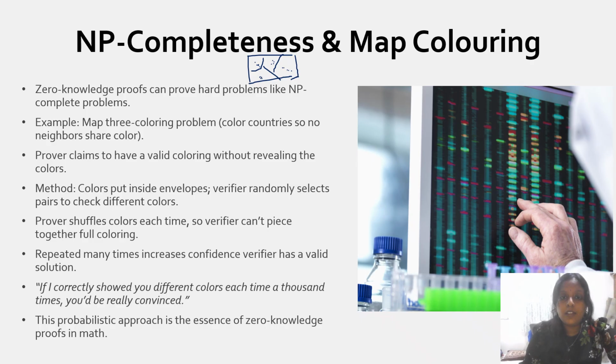For example, if you pick this country and this country, and suppose we have red color over here and green color over here, the condition is satisfied, right? But that's not all. We have to check the entire board. In an NP complete problem, it should be satisfied for the complete problem from the starting till the ending. So this is the first scenario, or the first use case, in a train of loops.